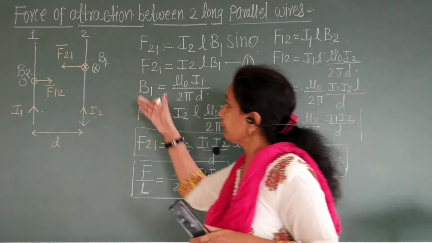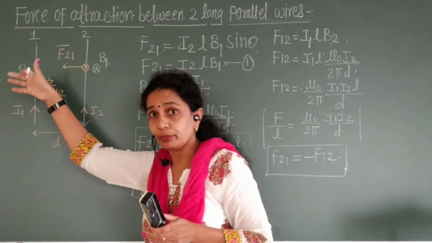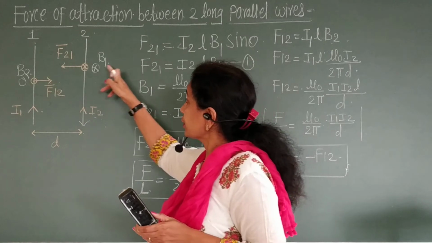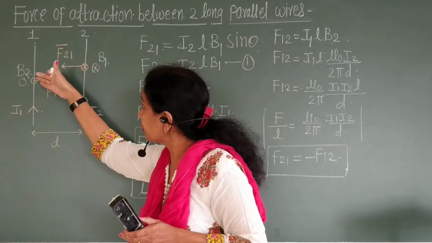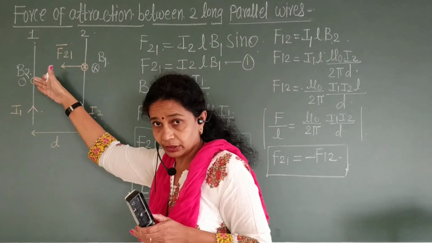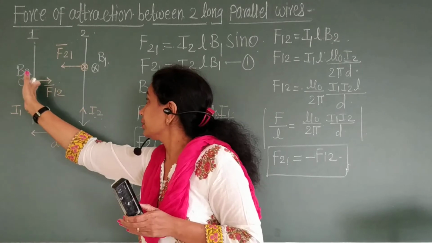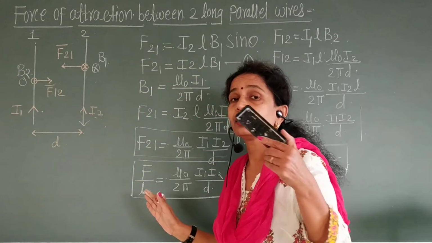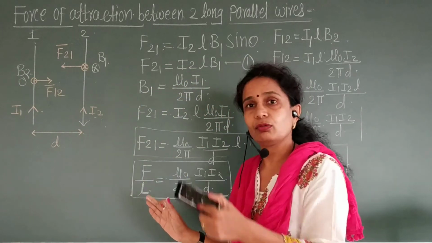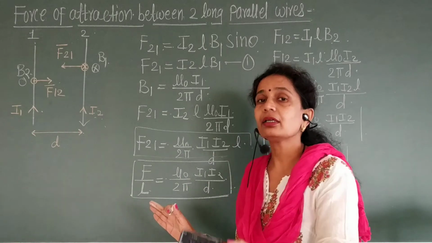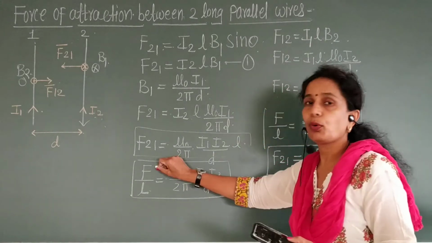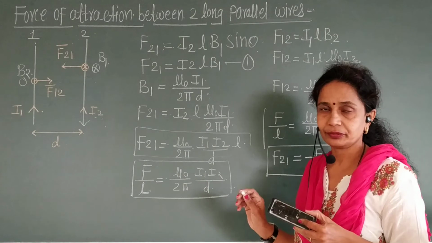The direction of B1 is inward. The direction of B2 is outward. The direction of F21 is towards the first wire, and the direction of F12 is towards the second wire.